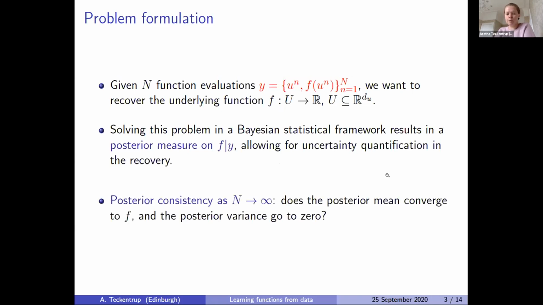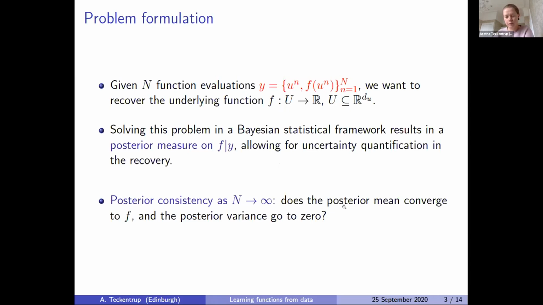Okay. The problem I'm interested in is what happens as n tends to infinity. So as the number of function values that we have tends to infinity, and in particular the question of posterior consistency. So whether we are able to recover the true function f as n tends to infinity. And in particular, I'm going to look at these two questions here.